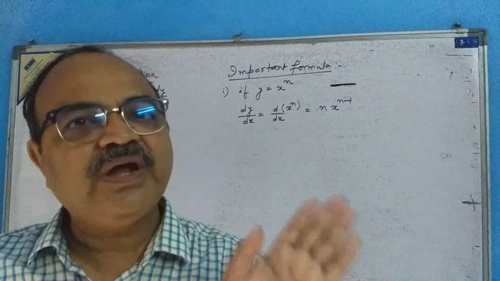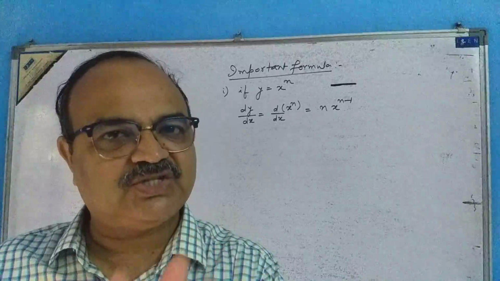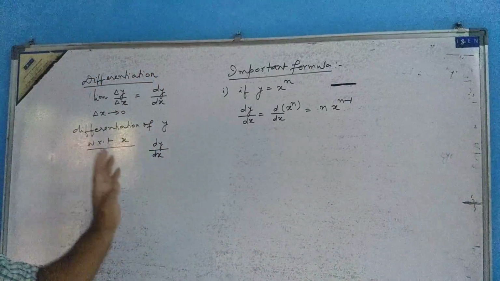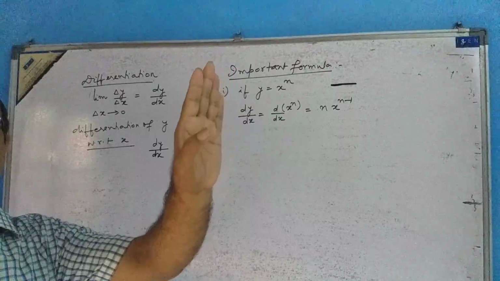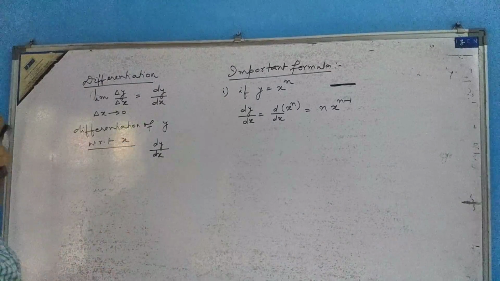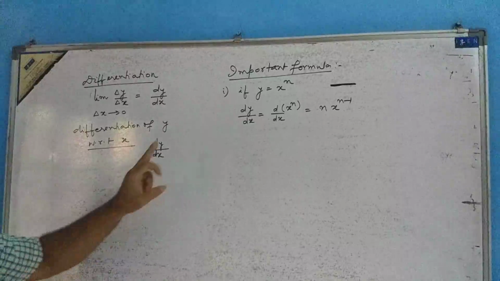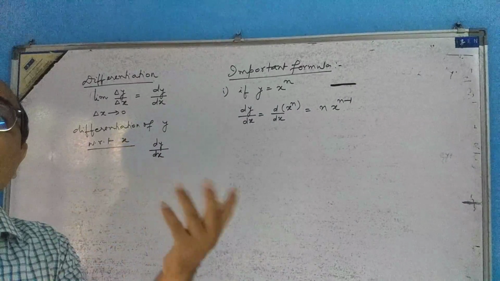Be clear, we are doing physics, not mathematics. That's why we are doing a superficial discussion of this differentiation, like d by dx of y. Now, what may be the different values?